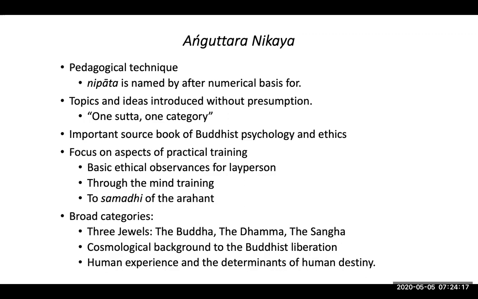In other words, the sutras of Anguttara Nikaya constantly shift from one topic to another, and those topics do not connect with each other because they primarily concentrate on the numbering. Therefore, the contents inside the same Nipata might not relate to each other in terms of ideas and topics.